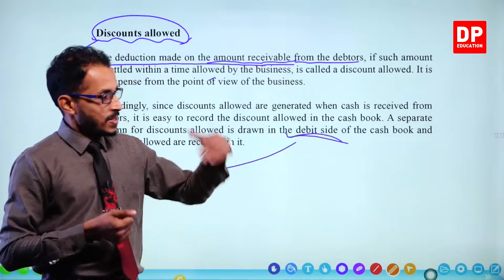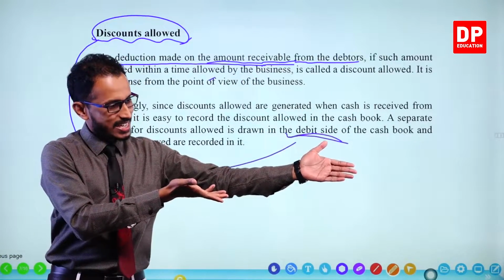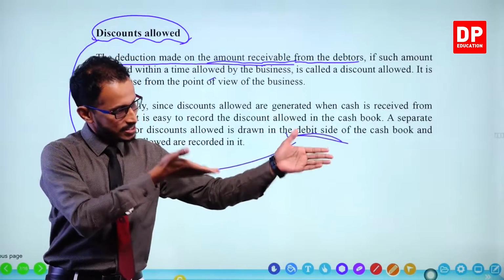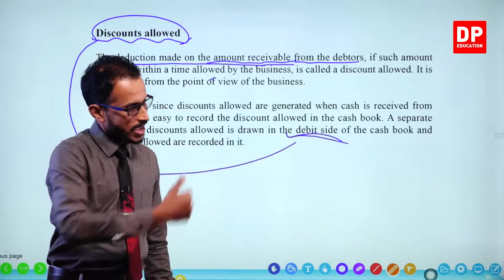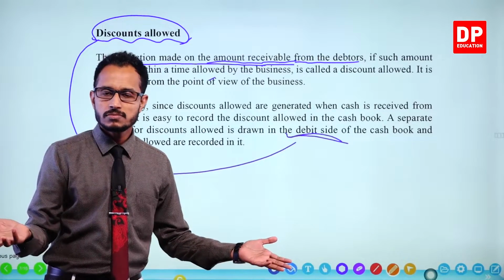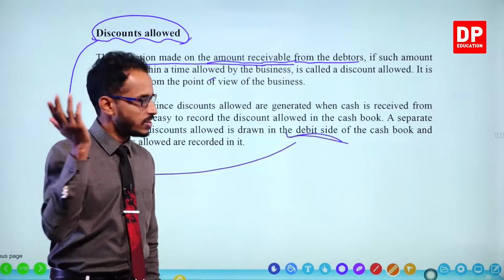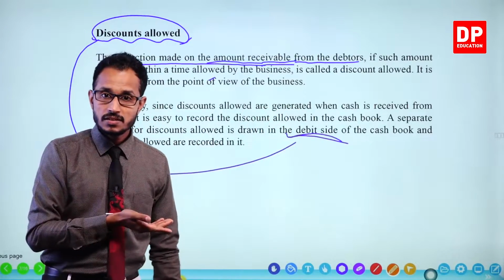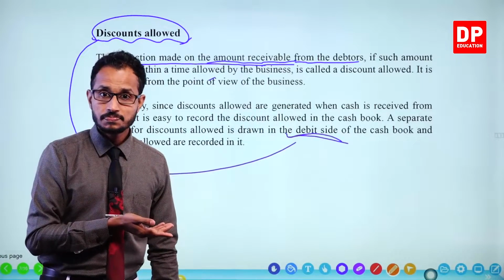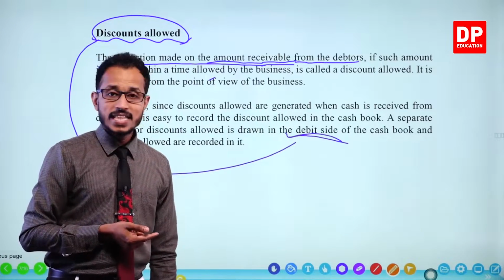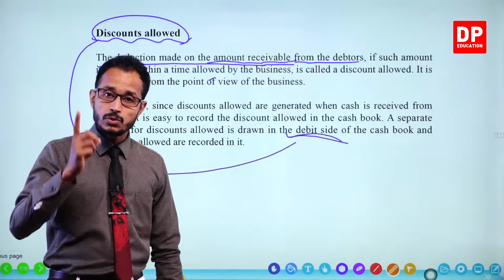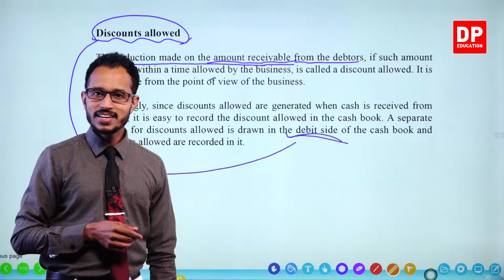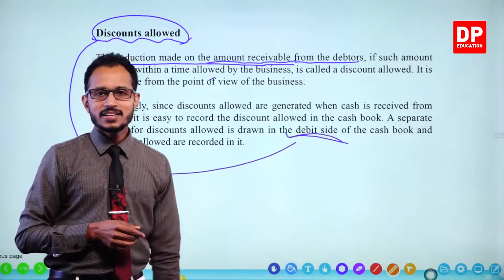Let's say there's a debtor called Siripala. Debtor Siripala has to pay us 10,000, and we have put a condition in the invoice saying that if the amount due is paid within 2 weeks, 10% discount will be deducted. So Siripala gets encouraged.